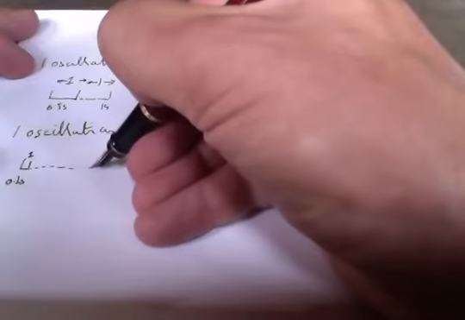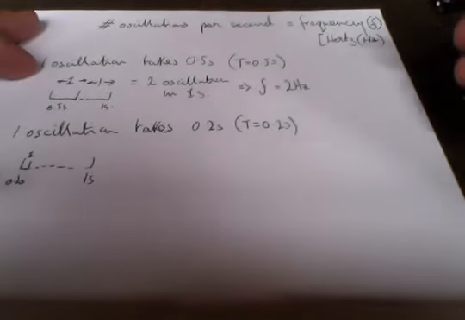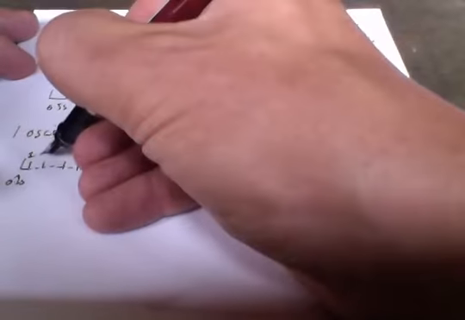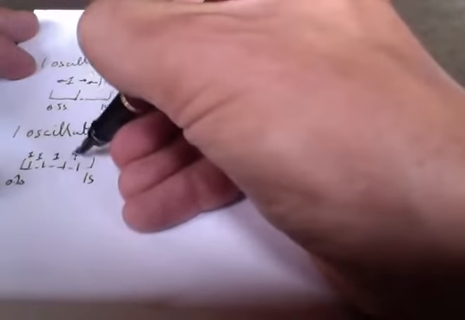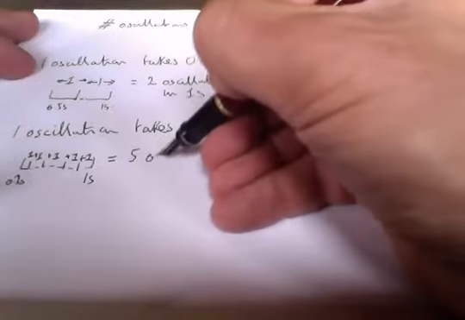So now what we're asking for again is how many will fit into 1 second? Well, hopefully, with a little bit of maths, you can work out that there are 5 0.2s that fit into 1 second. Add those up. That gives us 5 oscillations.